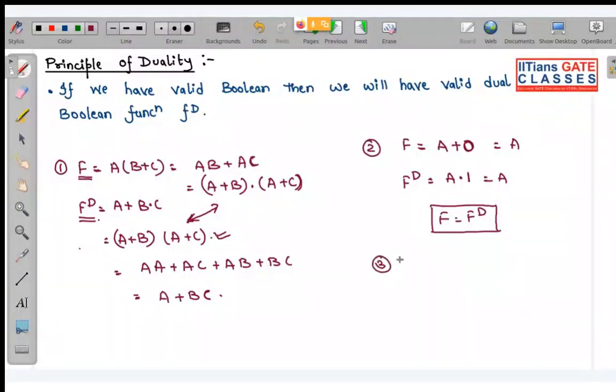Third, let me take F is equal to A dot 0. This is equal to 0. Now if you take F dual, A dot will be replaced with plus and 0 will be replaced with 1. So this is 1 plus A. Why am I getting 1 again?